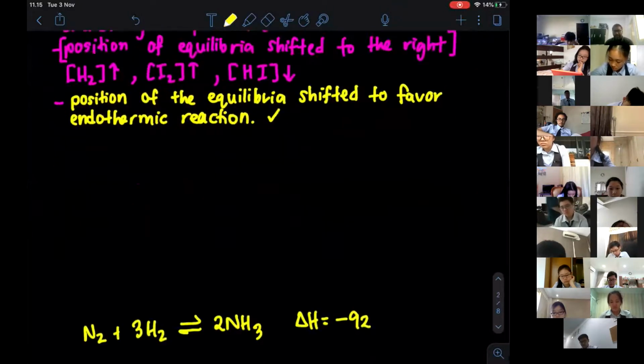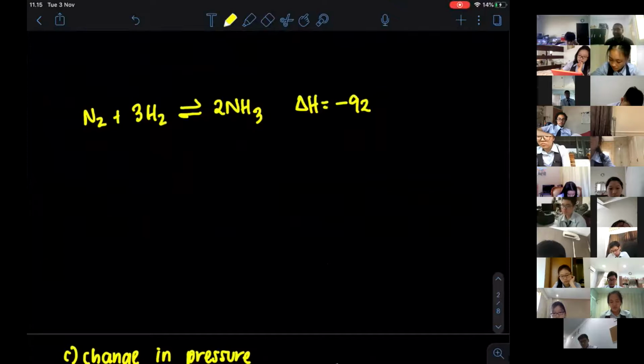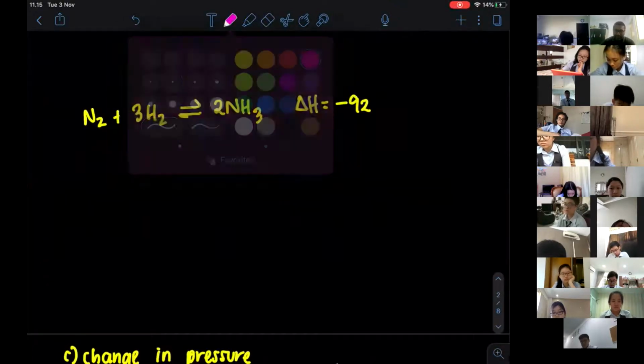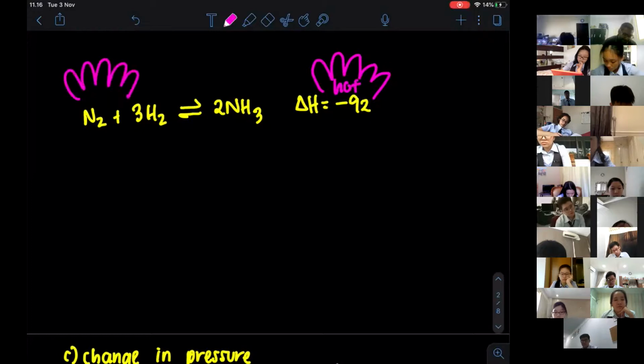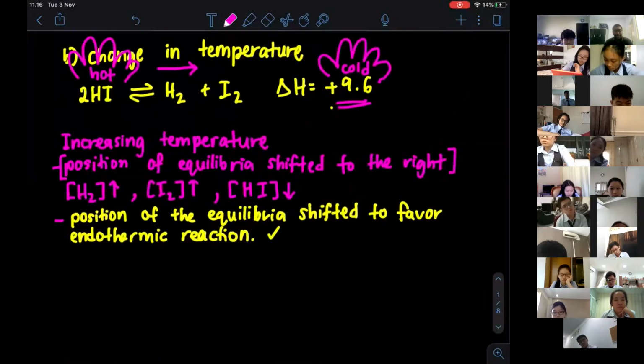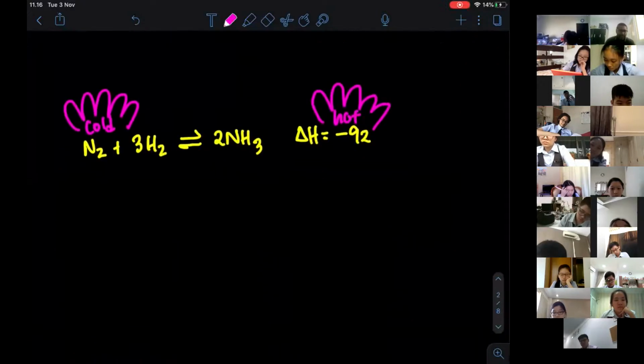Let's have a look at an exothermic reaction example. The first thing you need to do is draw a hand over here. Dylan, what is this, hot or cold? Hot. So automatically another hand will appear here. This is cold. Earlier I mentioned I'm going to increase the temperature, but now let's say I'm going to decrease the temperature.